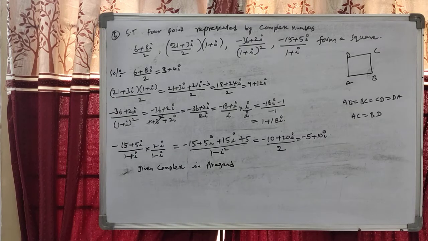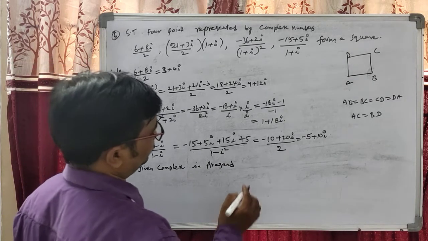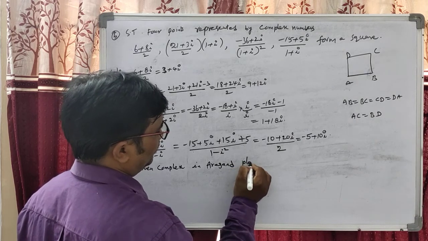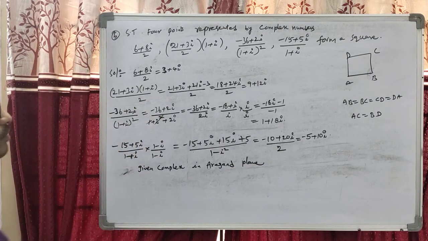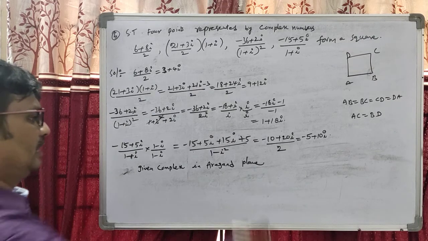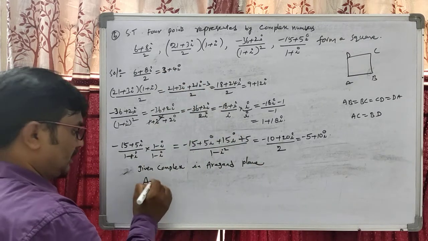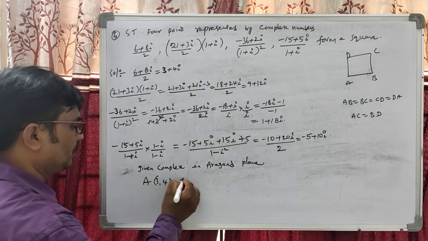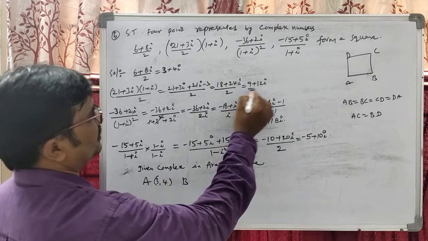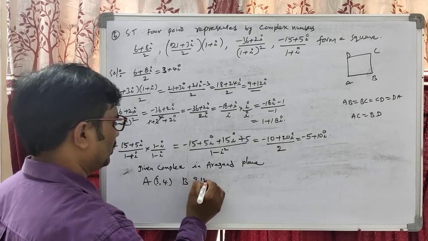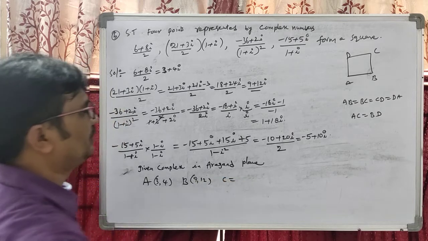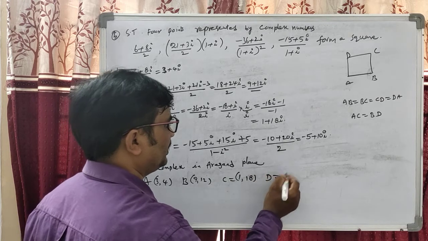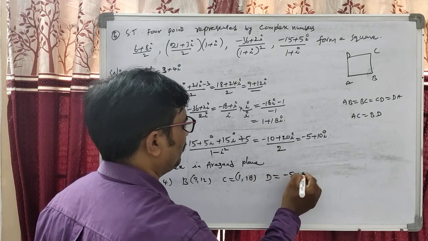In the Argand diagram or plane, A is 3 plus 4i, that is (3, 4). Point B is (9, 12). Point C is (1, 18). Point D is (minus 5, 10).